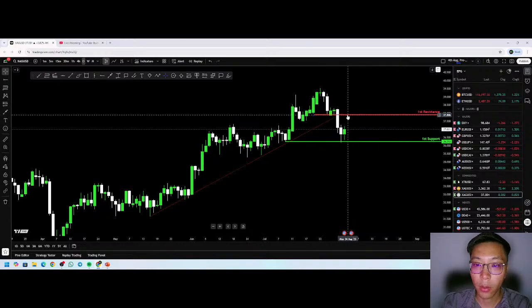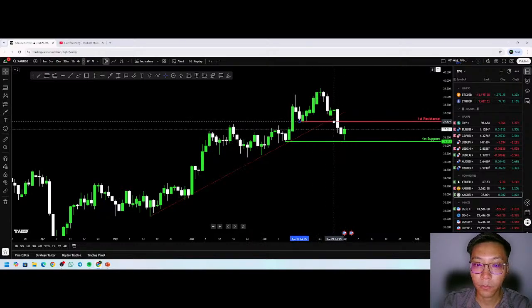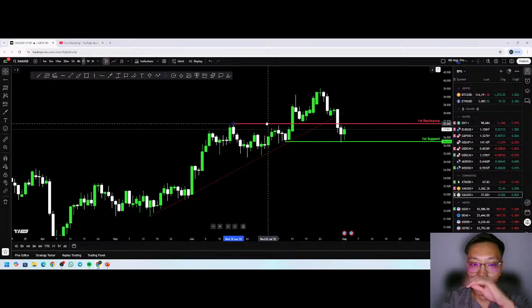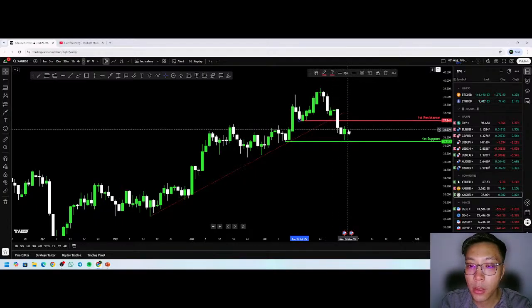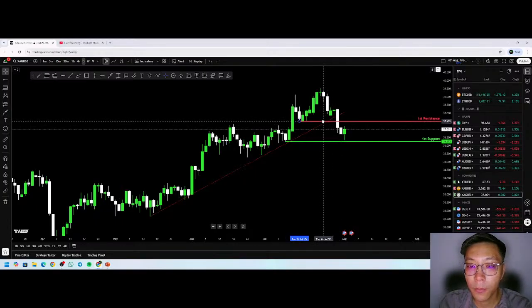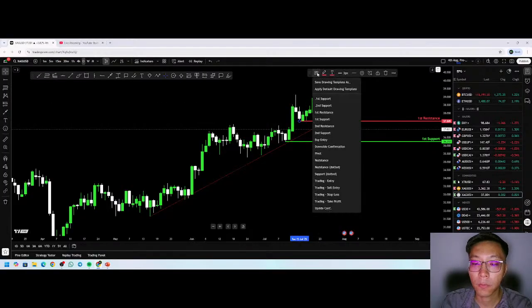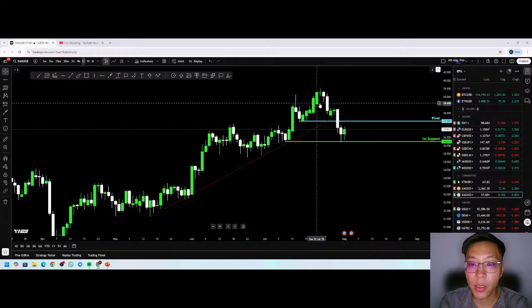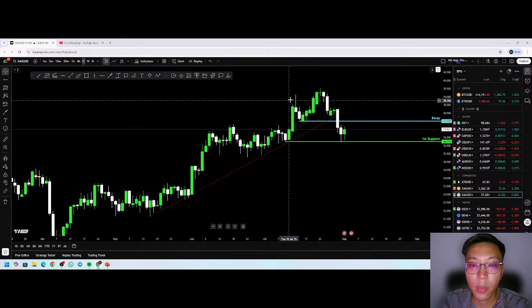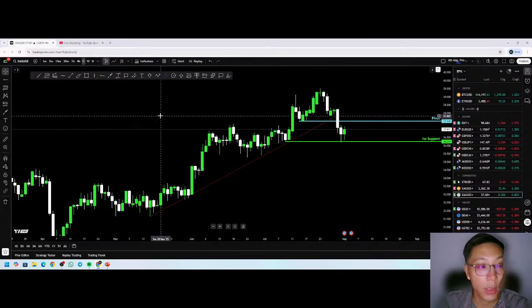Price is here. We have our pivot point right here, which is our pullback support, pullback resistance level.